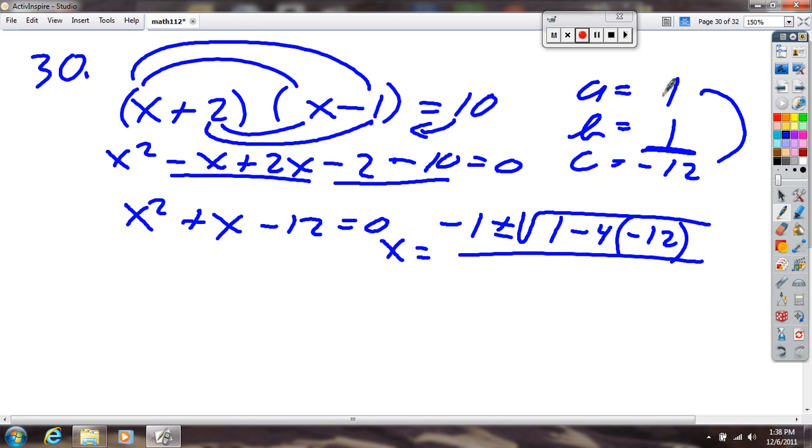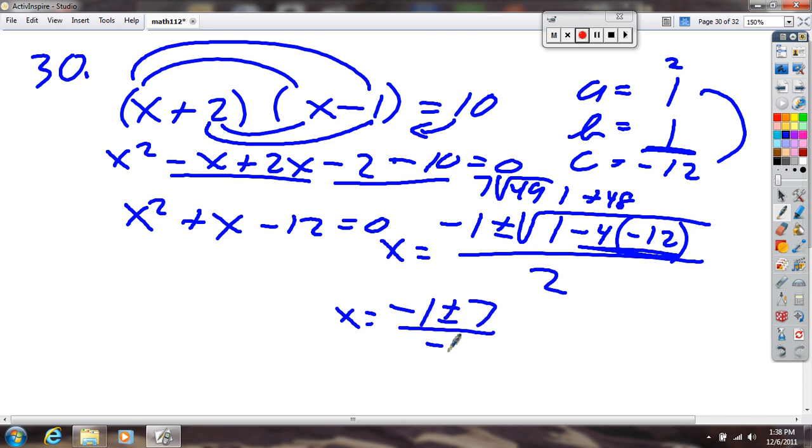Over 2 times A, which is 2. Go back inside, it's 1. Negative 4 times negative 12 is a positive 48, which makes 49. Square root of 49 is 7. So the radical sign works out to be 7. So x is negative 1 plus and minus 7 over 2.